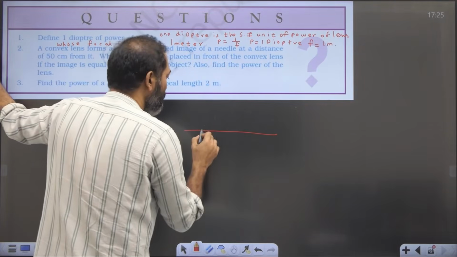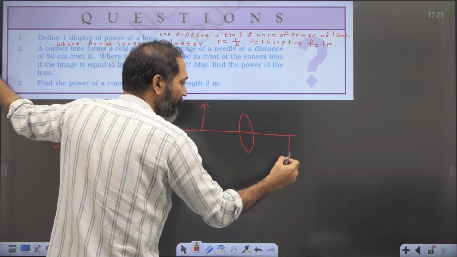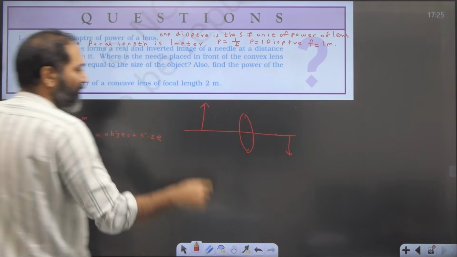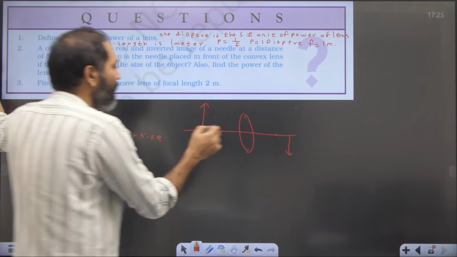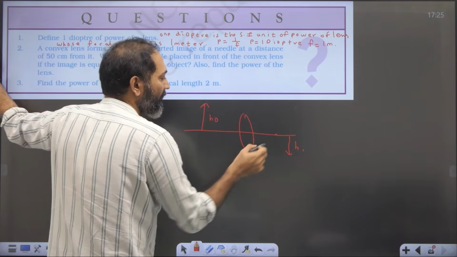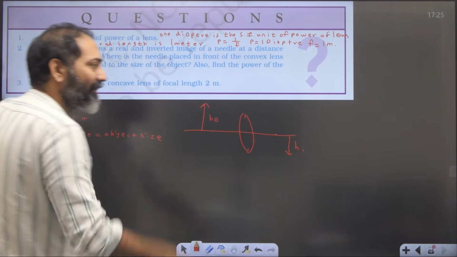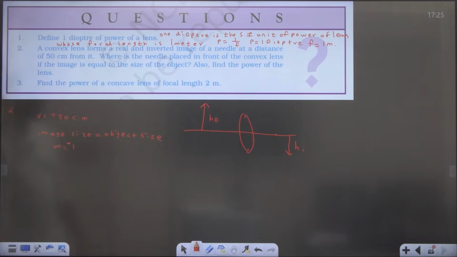This is the object, and this is the lens, and we are getting an inverted image. Magnification is height of the image divided by height of the object. Here the height of the image is negative because it is taken perpendicular down to the principal axis, so magnification will have a minus sign.